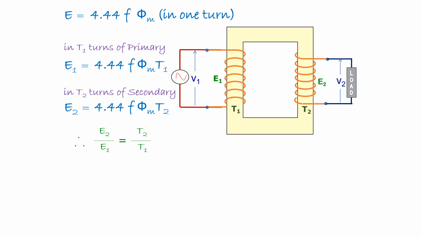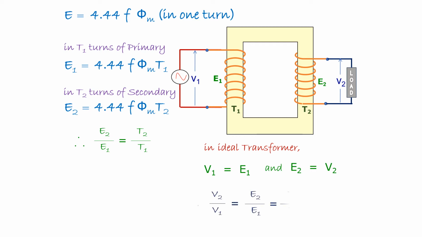Writing this as a ratio, E2 by E1 will be equal to T2 by T1. In an ideal transformer, V1 is equal to E1 and E2 is equal to V2. We can write now as V2 by V1 is equal to E2 by E1, which will be equal to T2 by T1.